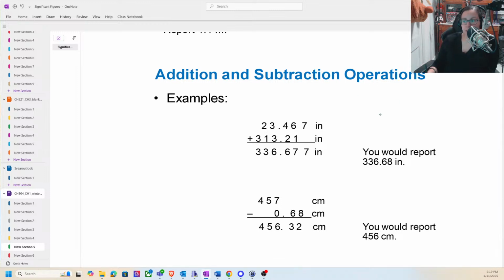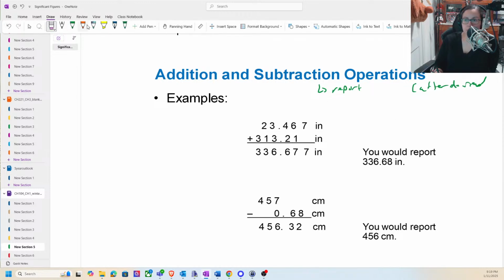For addition and subtraction, I like to think of this as elementary school math in some ways, right? You want to set it up in this fashion. And then you report to the smallest after the decimal, or the least, really. Maybe I'll change that to least so it makes more sense.